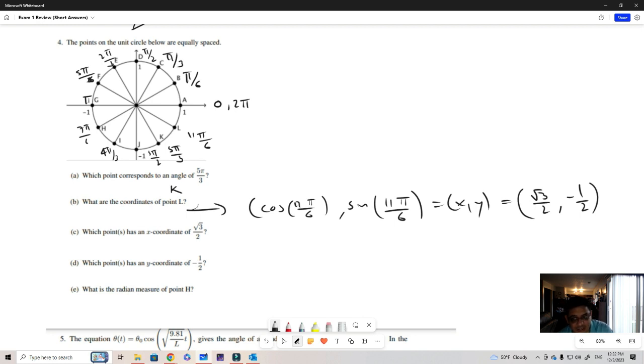We know that it's going to be at L. And because it's an x coordinate, the reflection has to be here, so it's also going to be B. So this is B and L. Now we want to know the y coordinate of minus 1/2. Minus 1/2 is going to be negative, and it's going to be like here, just in the middle. So it's going to be H and L.